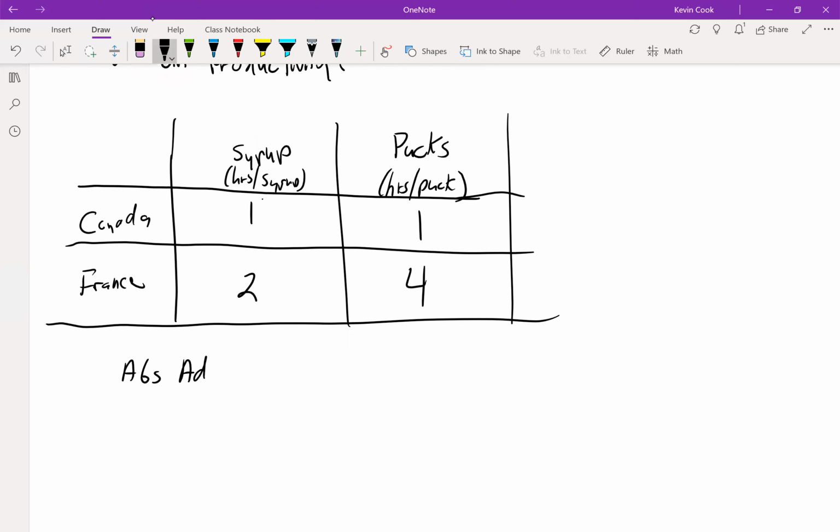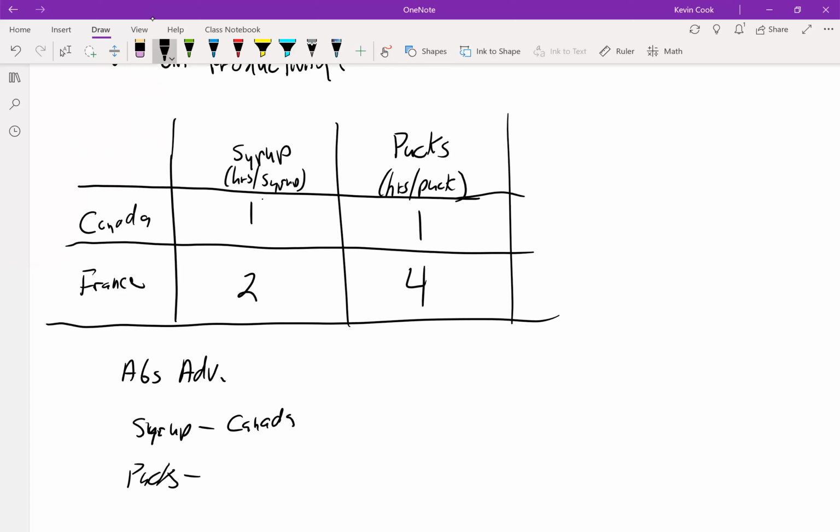So first, we're interested in our absolute advantage for syrup. We see that Canada can produce a syrup in 1 hour, and France takes 2 hours to produce a syrup. So syrup will go to Canada. And for the pucks, similarly, Canada can produce in 1 hour, and France can produce in 4 hours.